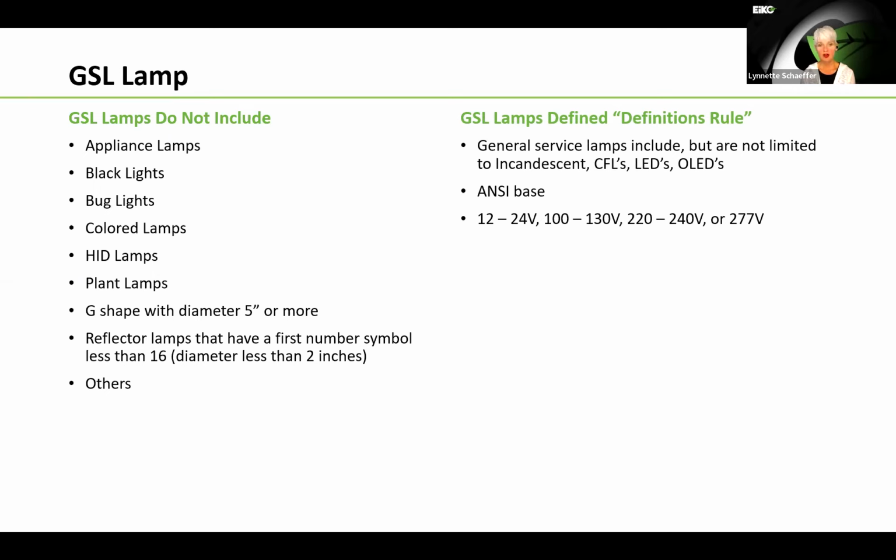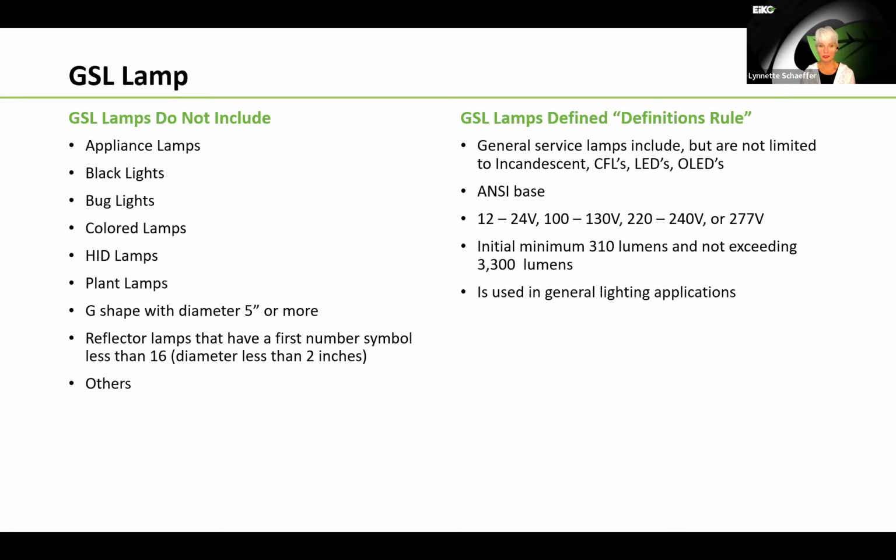And additionally, they also have an initial lumen output of greater than or equal to 310 lumens and less than or equal to 3,300. Those are the two numbers to remember, between 310 and 3,300 lumens. And again, these are typically used in general lighting applications. All right, so those are the key points to keep in mind.